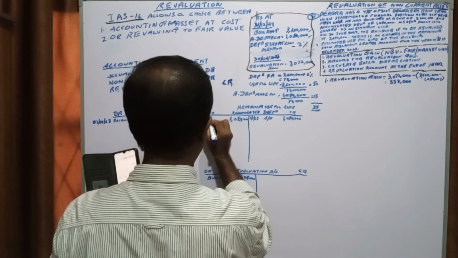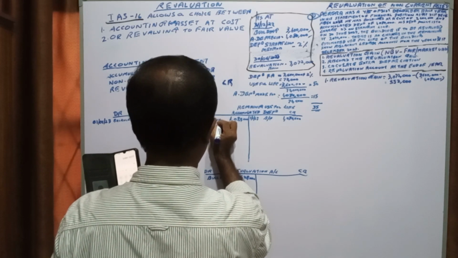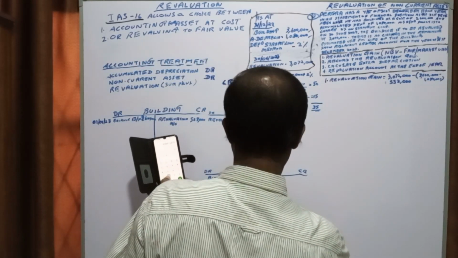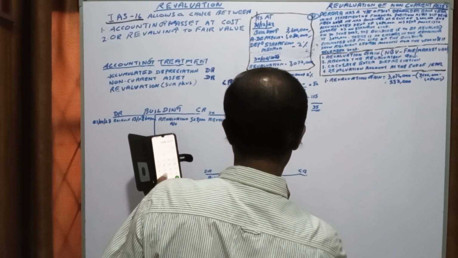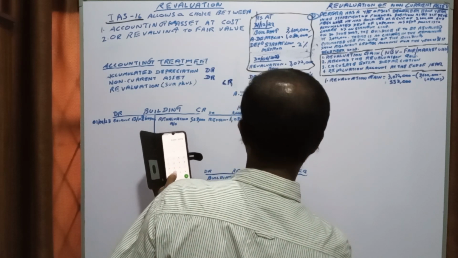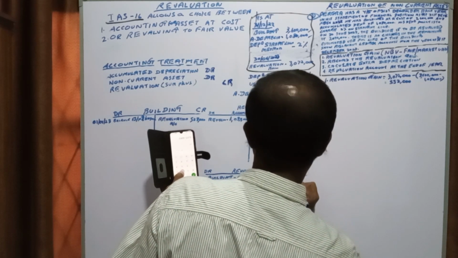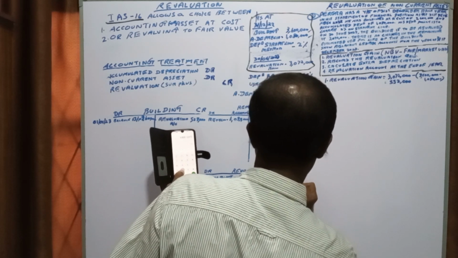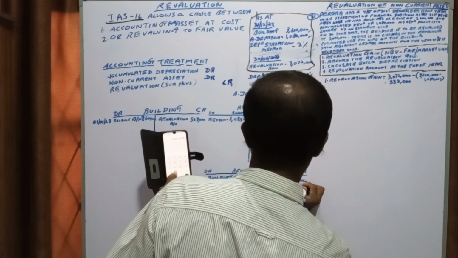This is revaluation account. Here we will say accumulated depreciation is 1,080,000.